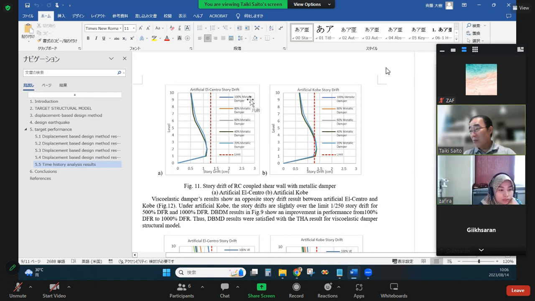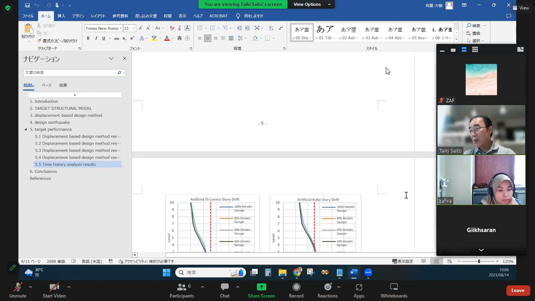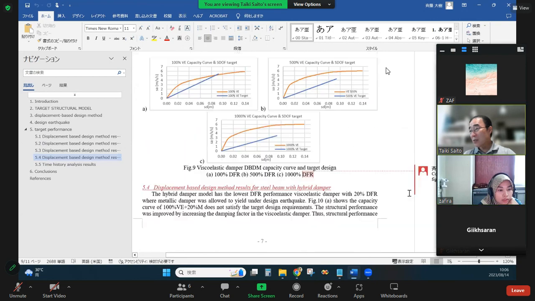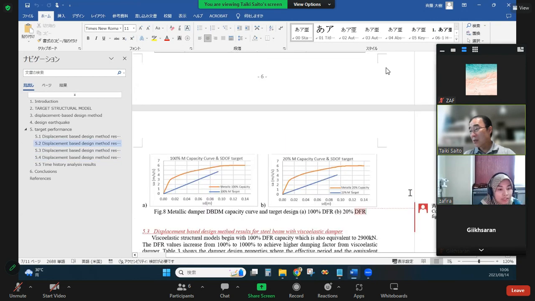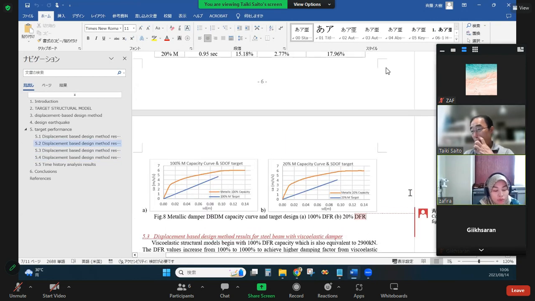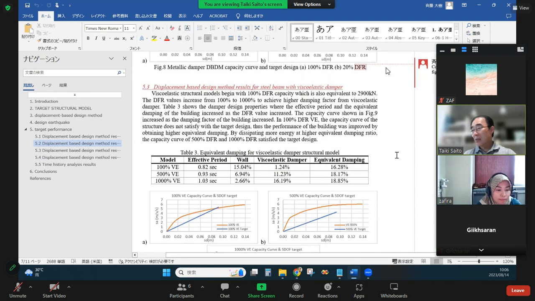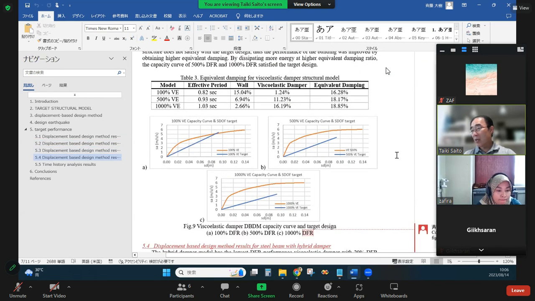Here you compare 180, 60, 40, 20. And this one I only present from 100 to 120, the biggest and the lowest, because if I put everything, it cannot fit.